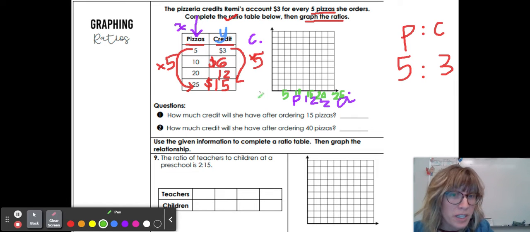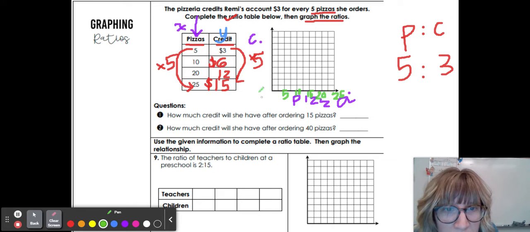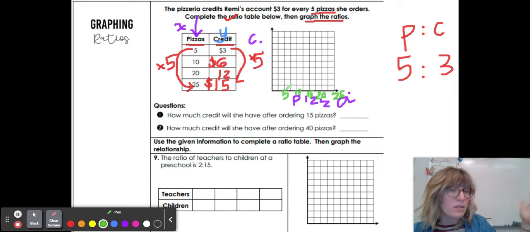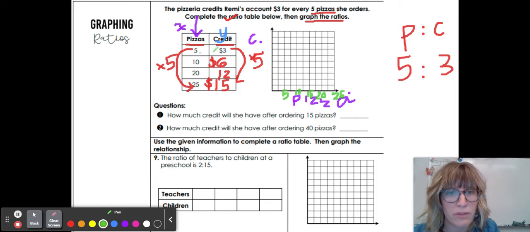Partially because my pen is big and the graph is small, I just opted to increment by intervals of 5, because we are working with multiples of 5 here. And I just spaced them out. So I started at the origin and then went 1, 2, 5, 1, 2, 10, 1, 2, 15, 1, 2, 20, 1, 2, 25.